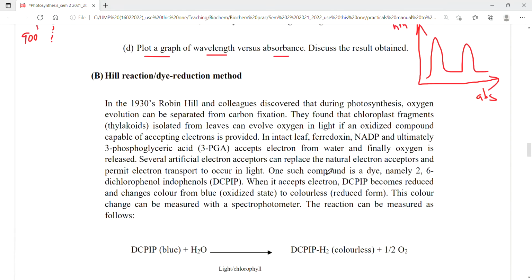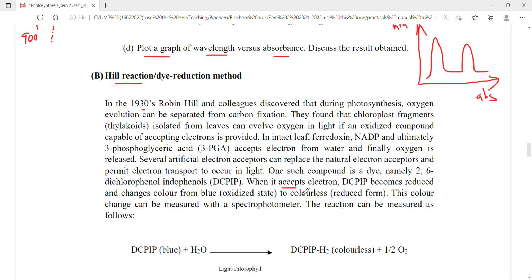Okay. The next part is part 2, the Hill reaction using the dye reduction method. It has been said it's a very old discovery by this person in the 1930s, where he realized that the isolated chloroplast or thylakoid is able to receive electrons. This has been explained here.